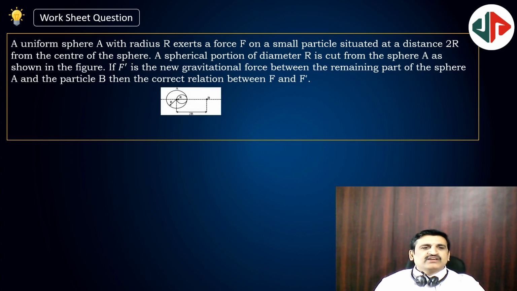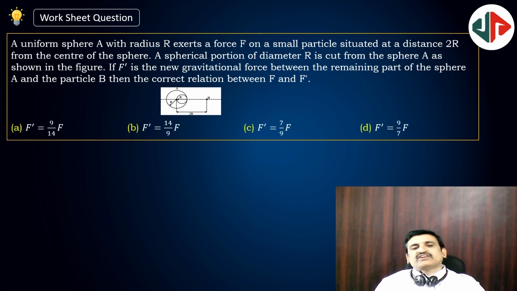If F' is the new gravitational force between the remaining portion and the particle B, then the correct relation between F and F' is? So effective gravitational field you have to calculate for the force. Force is equal to mass times field, just like F equals qE. That is the logic and idea.